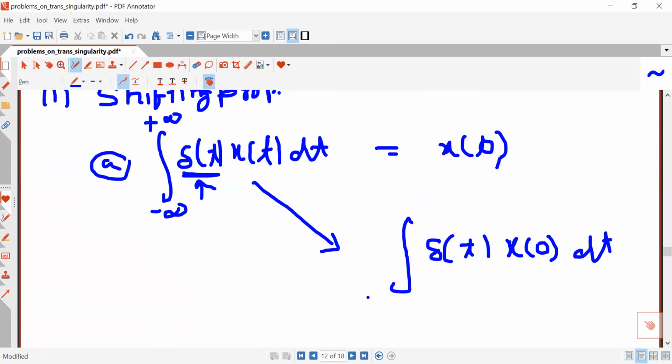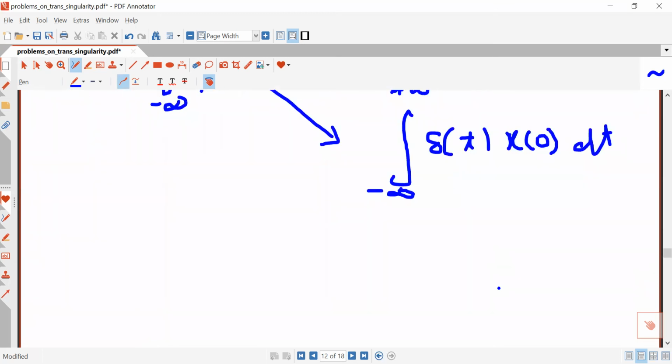So this integration will be changed to the integral of delta t x(0) dt, because everywhere else this product will be 0 except at t equal to 0. Now x(0) is a constant, so it will come outside the integration, leaving the integral from minus infinity to plus infinity of delta t dt.